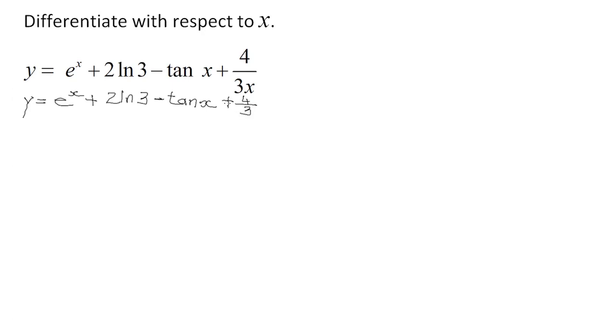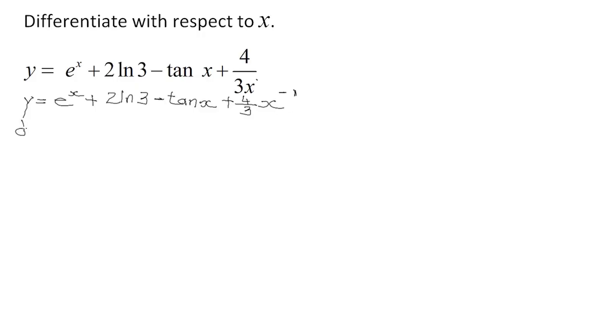Please don't make your own thing here. It's not 4 over 3 because that's the constant. You only change x. It was a positive 1. When you move it up, it becomes a negative 1. Now all 4 terms are in standard form because now it's a power.